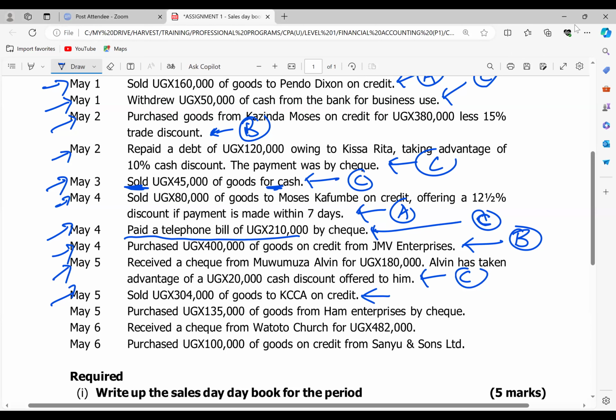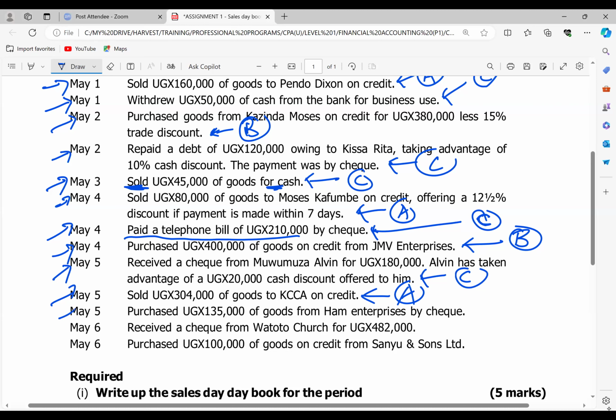Next time put the name so that I read the name. Anybody to help Galaxy? Galaxy seems to be struggling there. Anybody? Help Galaxy. Sold 304 of goods to KCCA. I think it's A. Okay, thank you so much. That is A. That is the sales day book.